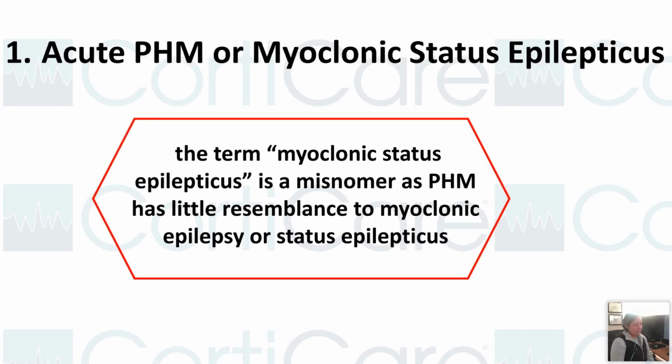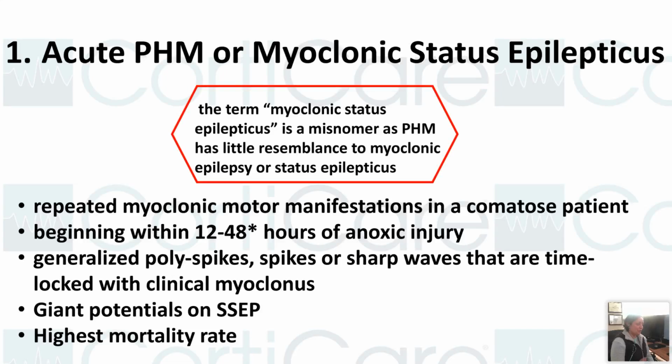Now let's talk in detail. Acute post-hypoxic myoclonus or myoclonic status epilepticus is not an accurate term because we are not talking myoclonic epilepsy here. But these are interchangeable terms, so just make sure that we are not talking myoclonic epilepsy or myoclonic status epilepticus due to myoclonic epilepsy. But we are still using those terms.